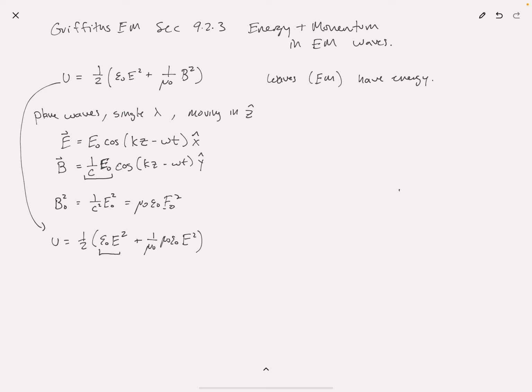This is the contribution of the energy from the electric field, and this is the contribution of the energy from the magnetic field. All right, I just plugged in those two terms up top. But those are exactly the same.